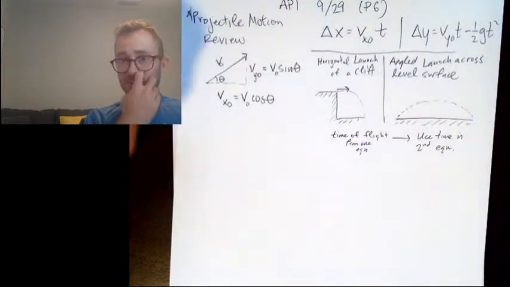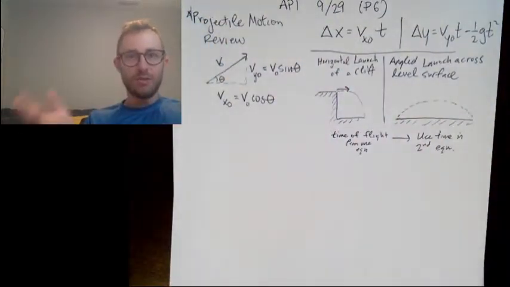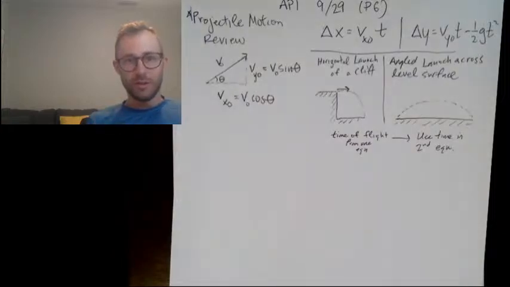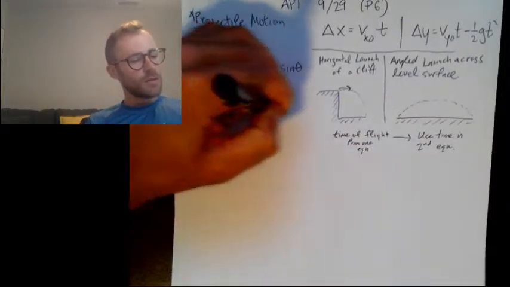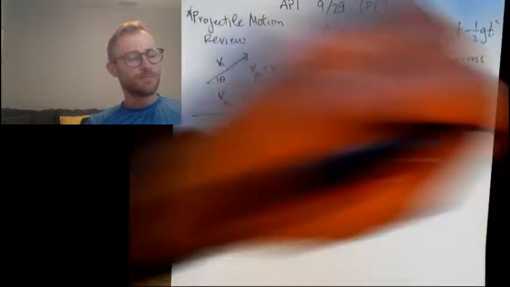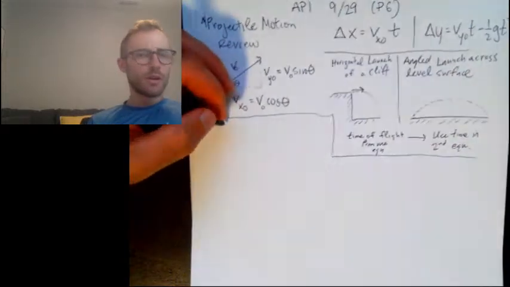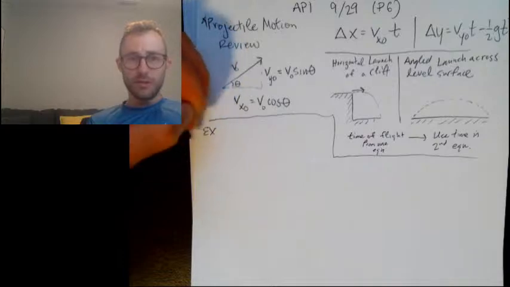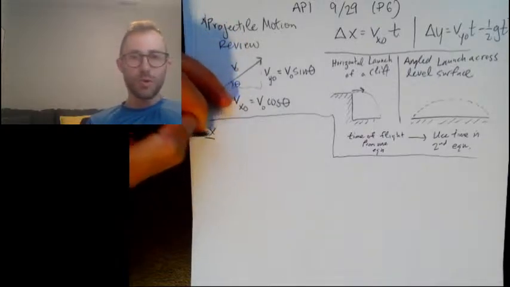Okay? So we use one of the equations to get the time, then we use the other one to get a distance. Generally speaking, that's how you would solve these problems. Okay? So now we're going to do some newer stuff. So we're going to do two examples, and then we're going to learn some more theory.